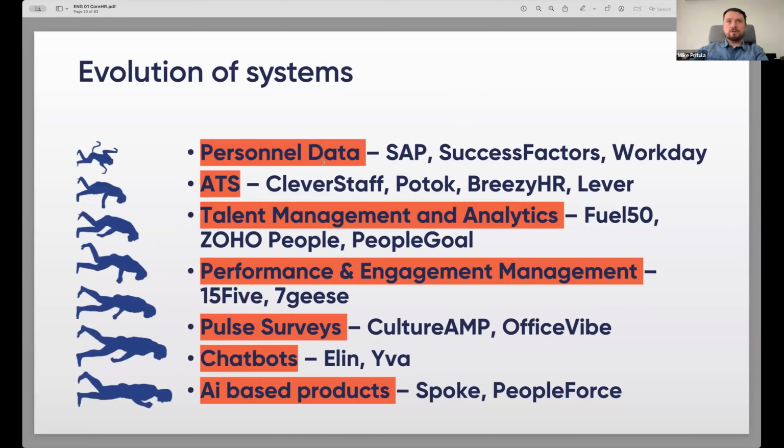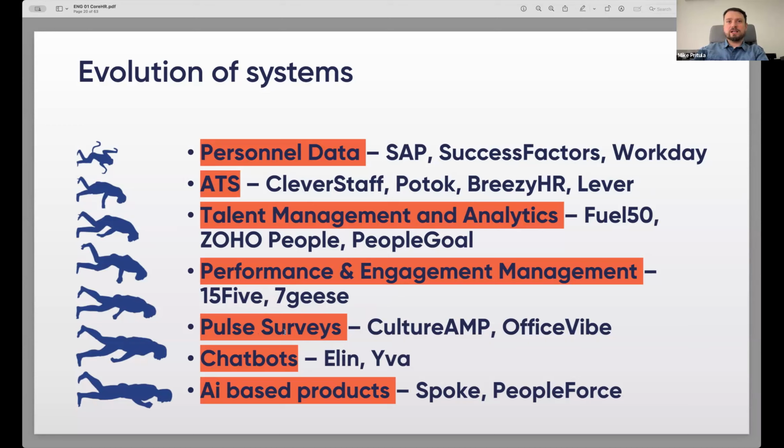Evolution of systems. All these systems evolved over time. First, it started from personal data, like SAP, SuccessFactors, and Workday, which were the main systems, and they provided these basic solutions. Then ATS appeared, applicant tracking systems like CleverStaff, Potok, Breezy HR, and so many others. Then talent management and analytics like Fuel50, Zoho People, PeopleGoal. Then performance and engagement management appeared like 15Five, 7Geese, Culture Amp.